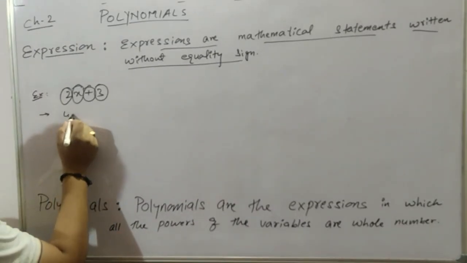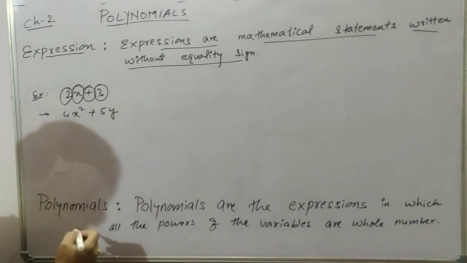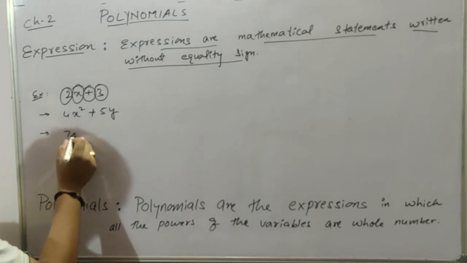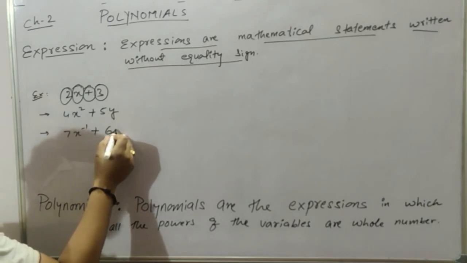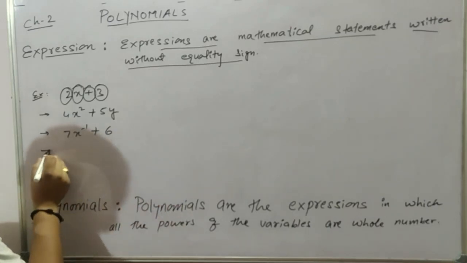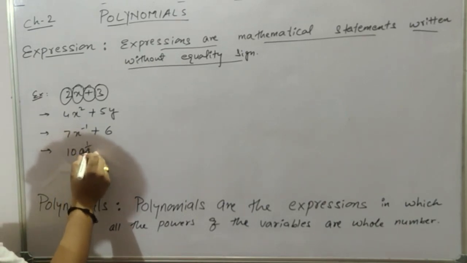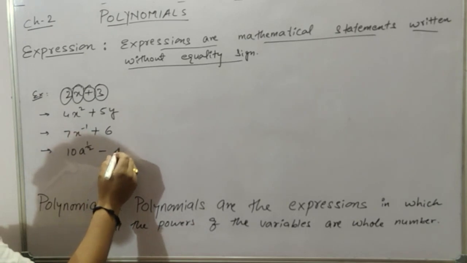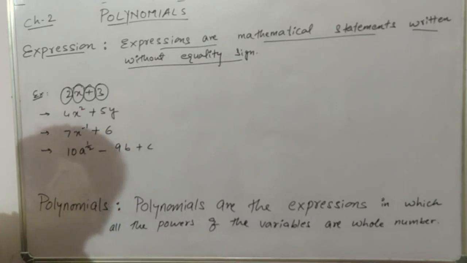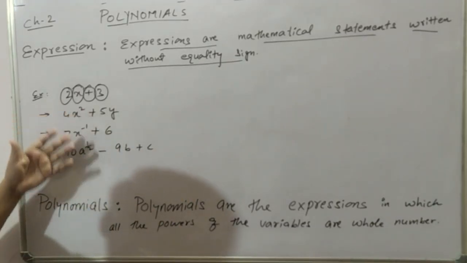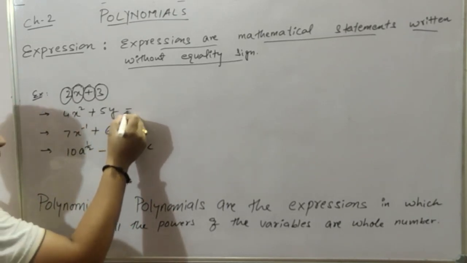Say 4x square plus 5y, 7x raised to power minus 1 plus 6, then 10a raised to power 1 upon 2 minus 9b plus c.